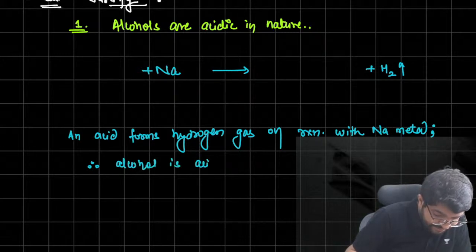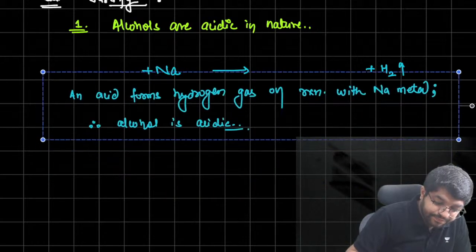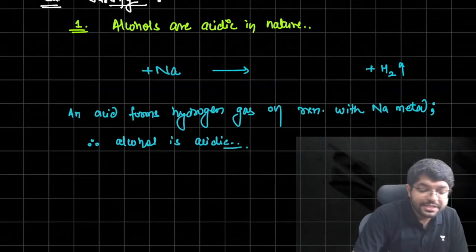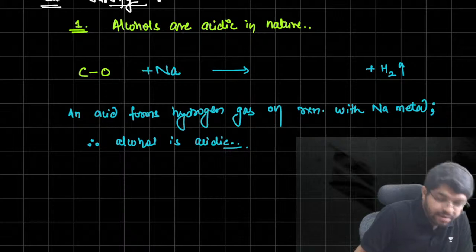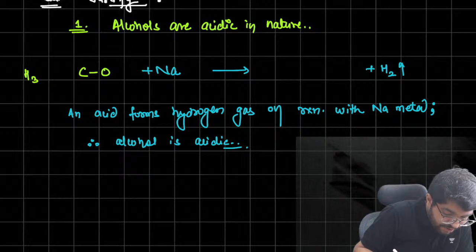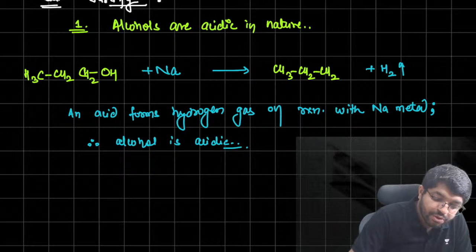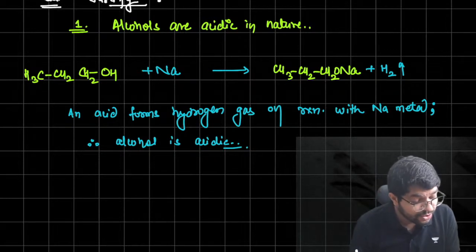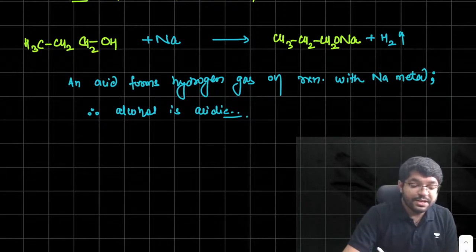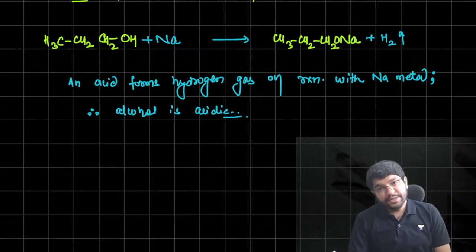Point number one. Let me talk about a 1-degree alcohol. With Na it will give me CH3CH2CH2ONa plus H2. This is where my hydrogen is released. Right? Alcohol is acidic.